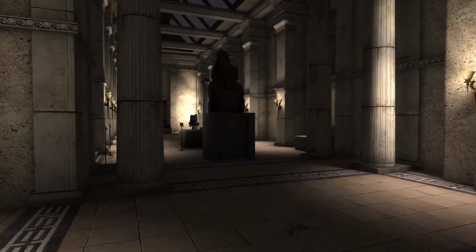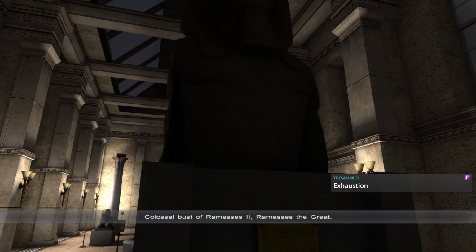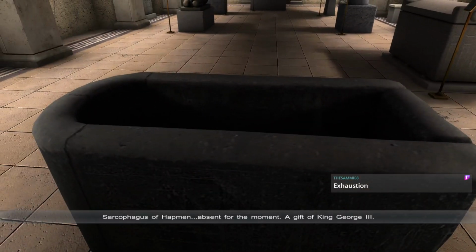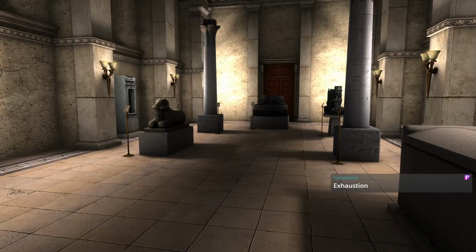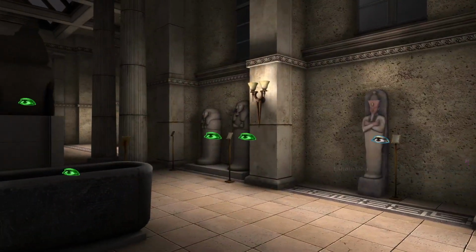Well, Egyptian stela. What is a stela? Colossal bust of Ramesses II, Ramesses the Great. Sarcophagus of Hapmen, absent for the moment. A gift of King George III. Maybe if I can just do this, it might help. We've looked at all this stuff.